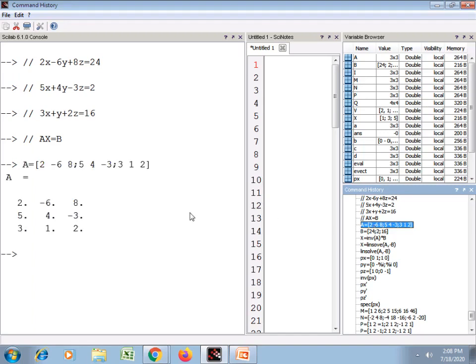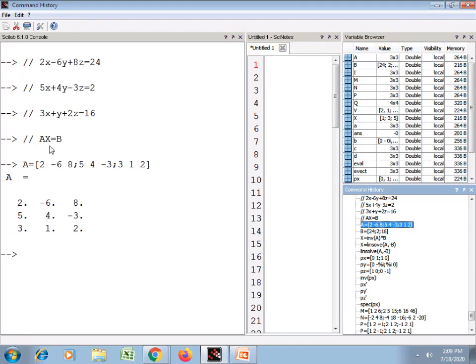That is, A is equal to, in the first row, 2, minus 6 and 8, which are the coefficients of the variables x, y and z in the first equation. Then the second row holds the coefficients of the variables in the second equation, and the third row holds the coefficients of the variables in the third equation.